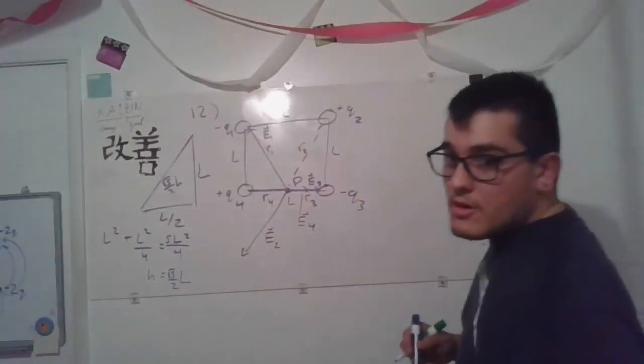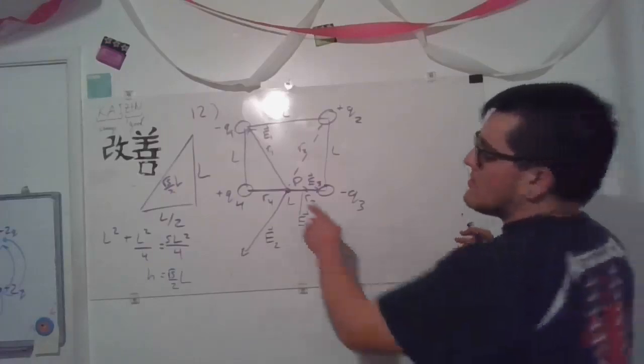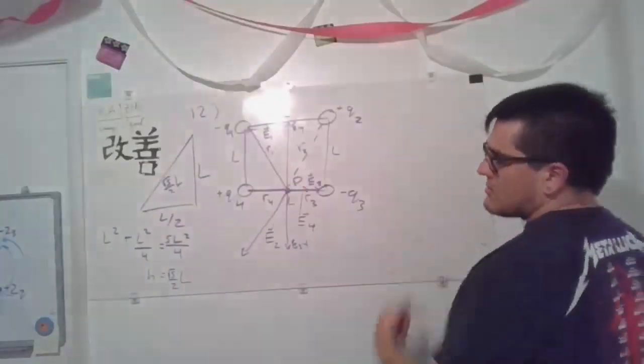Next, we're going to want to use our components. We're going to need to break up our components. Notice for this one, it's going up, E1y. For this one, it's coming down, E2y. E4 is this way. E3 is this way.